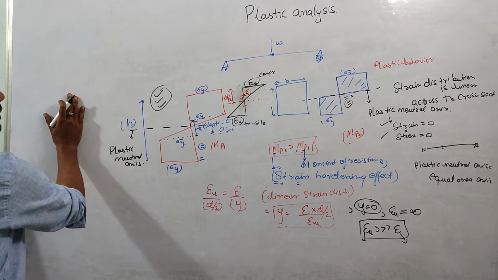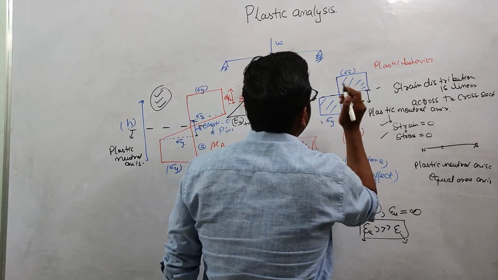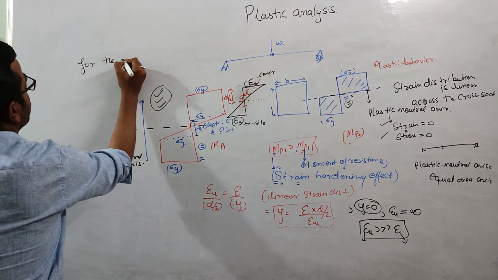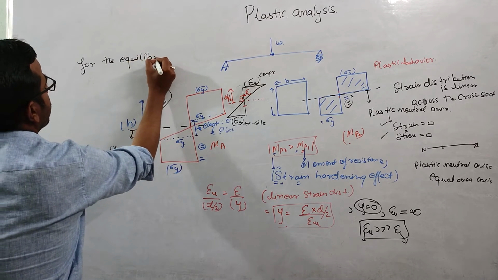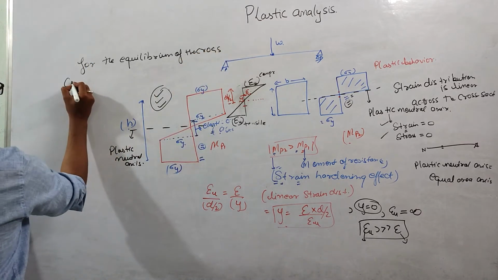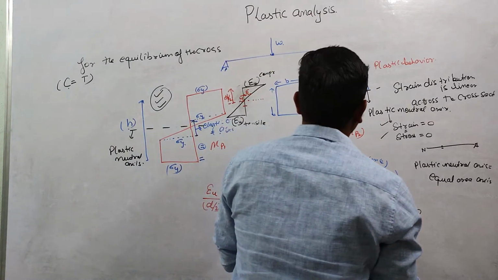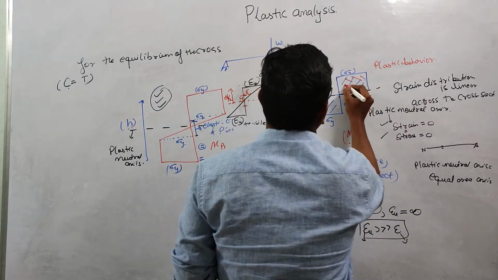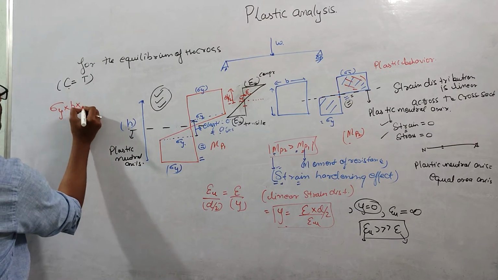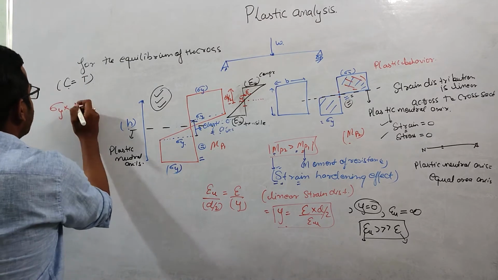Because when we reach this stress diagram, for the equilibrium of the cross section, compression should be equal to tension. If we calculate the compression force for this portion, I can write sigma y into b into d by 2, or simply sigma y into a1.